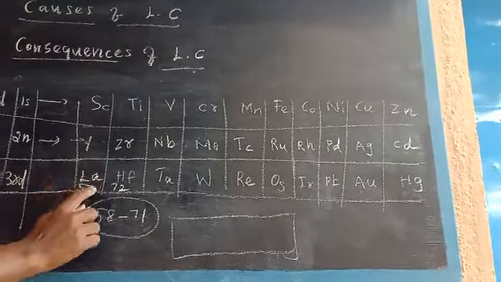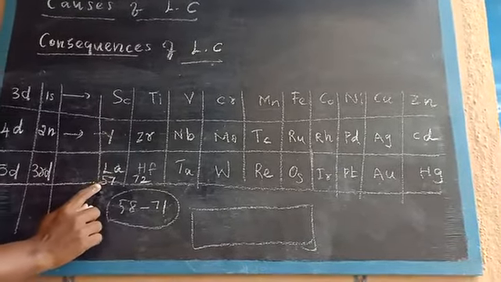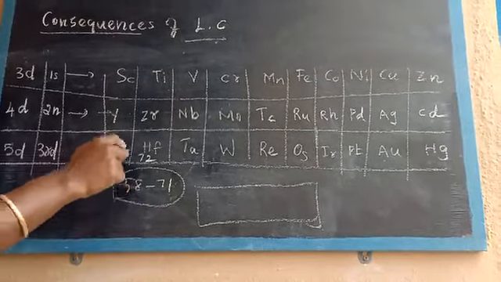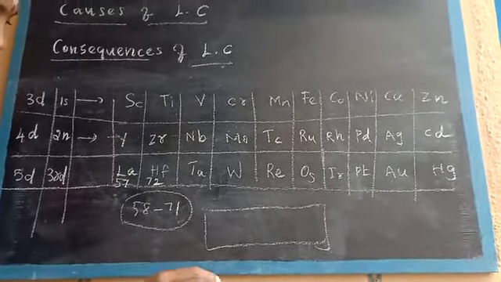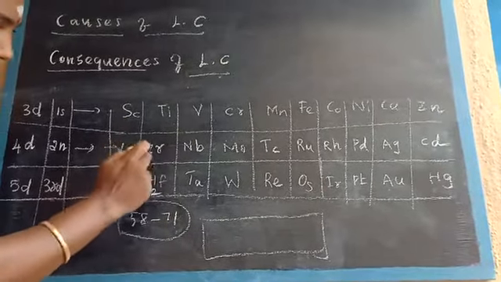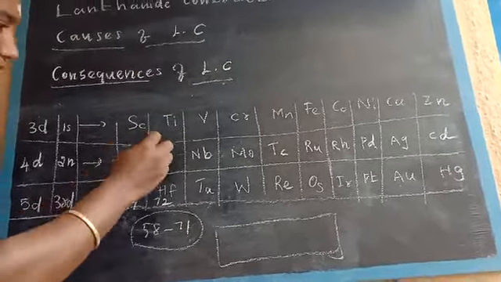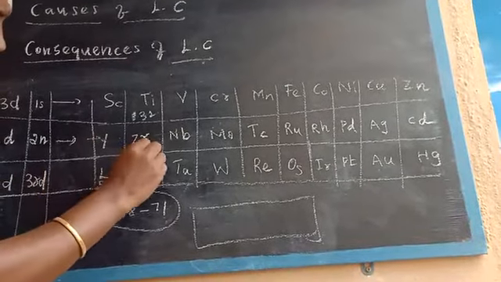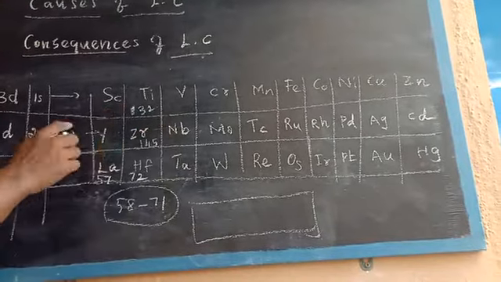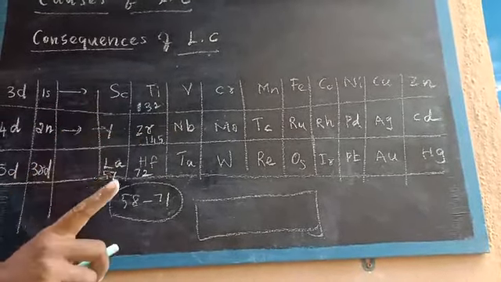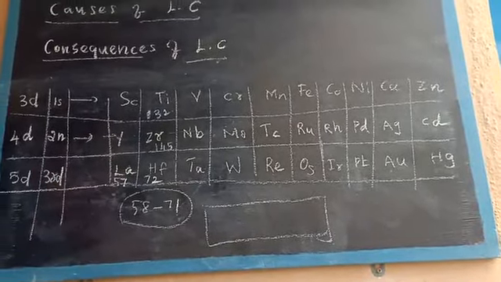But due to lanthanide contraction, the lanthanoid elements 58 to 71 are present at the bottom, and after 57 the next is 72. So here, zirconium has atomic radius 132, and this one 145. This is normal: from 130 to 145, the atomic radius increases.